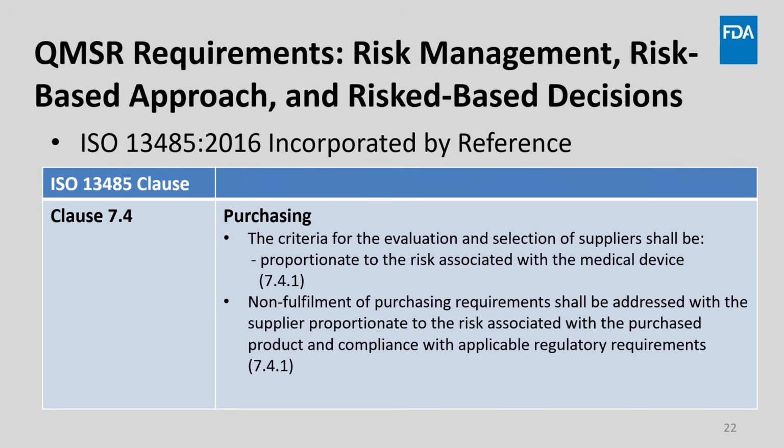For Clause 7.4, purchasing, criteria for supplier evaluation and selection must be proportionate to the risk associated with the medical device. The selection process and controls might differ when applied to a contract sterilizer, a supplier of off-the-shelf components, or a design and development service based on the criticality of the process and product being provided to the safety and performance of your product, as well as the adequacy or effectiveness of your QMS.